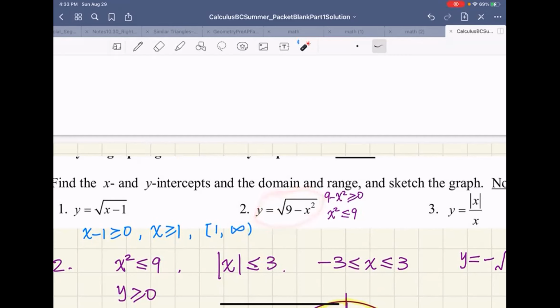Look, when you square this side and you square this side, after you do the square you get 9 minus x squared. And then y squared plus x squared equals 9, correct? Yes. x squared plus y squared equals 9.